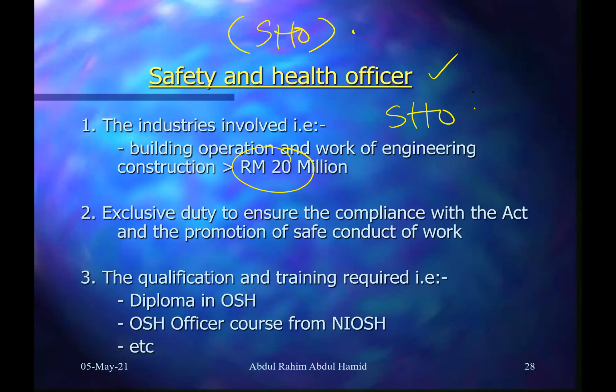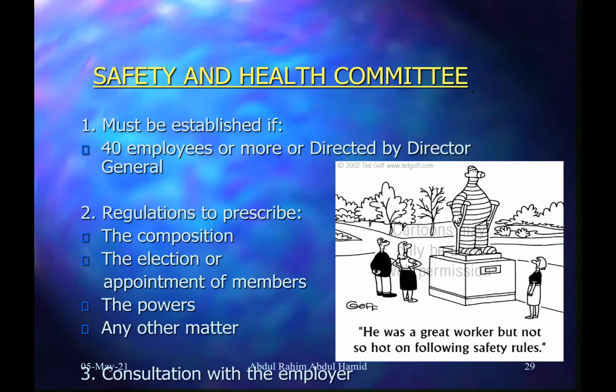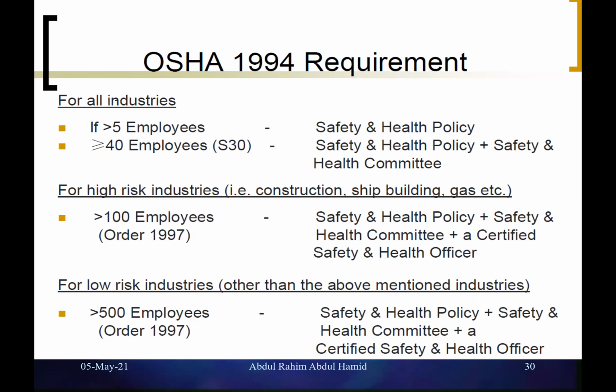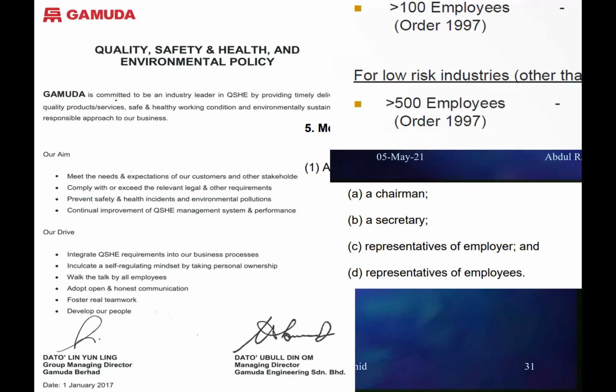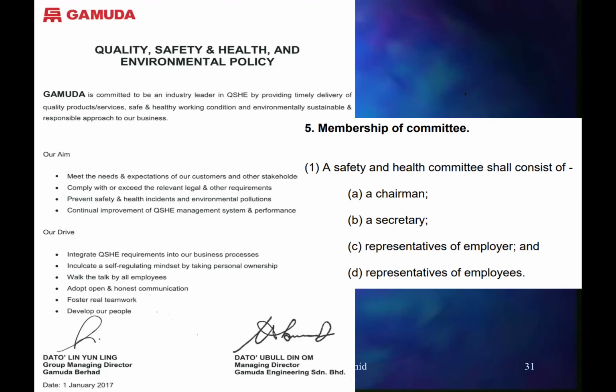Okay, all right. Safety and health committee. Under current law, if you employ 40 and above workers at your workplace, then you need to establish a safety and health committee. The composition, do we have the composition here? Okay, later on. Okay, this is an example.